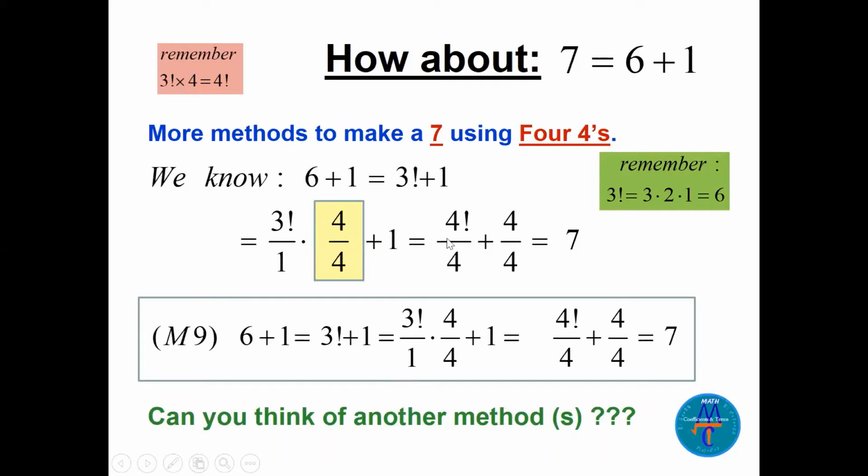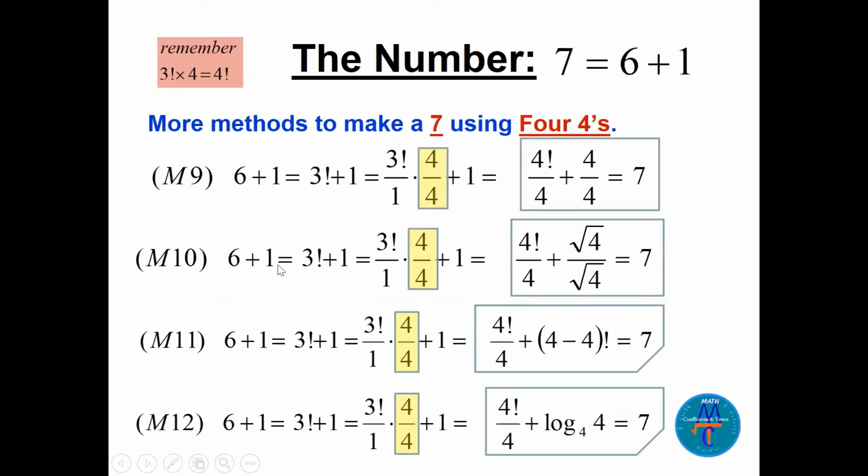Okay. Now, so method number 9 here is nice. So from there, I can generate method number 10, method number 11, method number 12. See? All of them, 4 factorial over 4. From where do we get this? From the 6, just to remind you, 6 is 3 factorial.